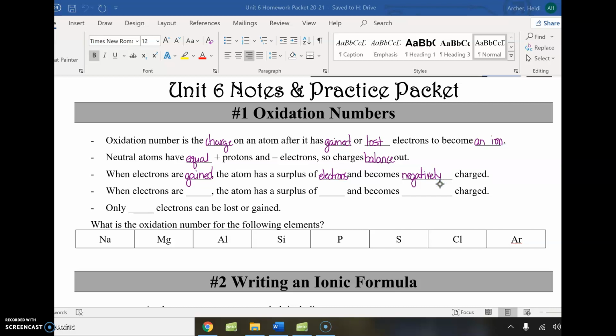And on the flip side of that coin, when electrons are lost, that atom has a surplus of protons. Even though the protons don't change, we now have lost electrons, so we have a surplus of protons, and it becomes positively charged.